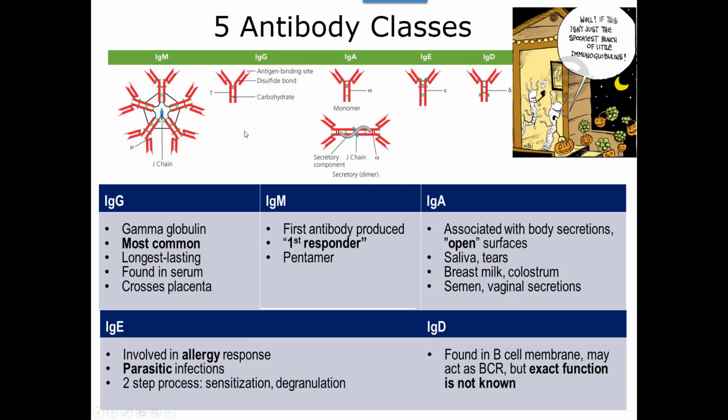So immunoglobulin gamma, mu, alpha, epsilon, and delta. I don't care that you note it, if you know them, and just if you're wondering where the letters came from. But your immunoglobulin or your antibody G is the most common one. So if we draw your blood right now and look for what antibodies are circulating around in your body right now, the most common one is going to be your immunoglobulin G. It's going to be one that can cross the placenta.